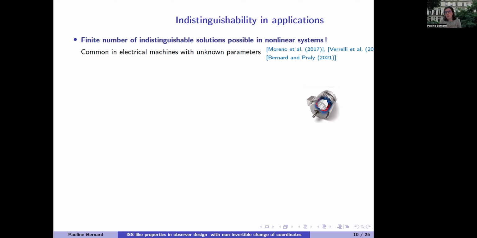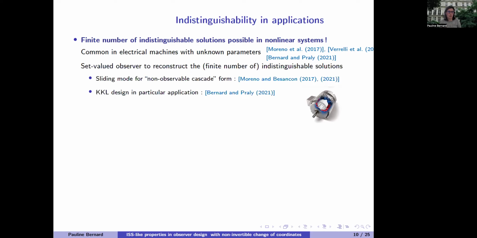But there are only two of them. And so as soon as you have only a finite number of possibilities, it is quite tempting to try to build an observer whose role is still to estimate those finite possibilities, okay?